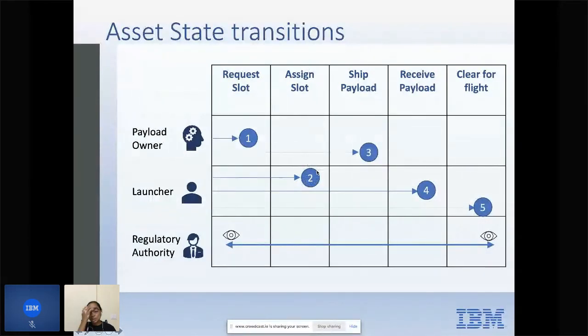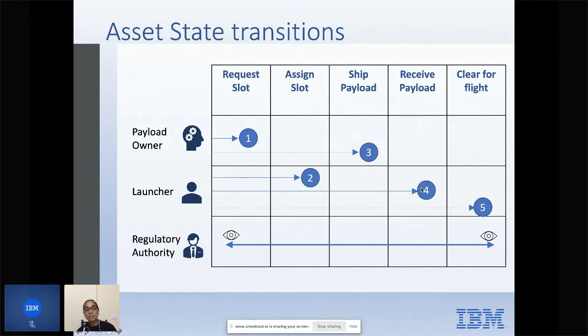I can assign a slot for you in this launcher, and then the state of the payload gets changed to slot assigned. And then once a slot is assigned, Alice goes, designs and develops the payload, and then ships the payload to the launcher and marks it on the asset saying the payload has been shipped.